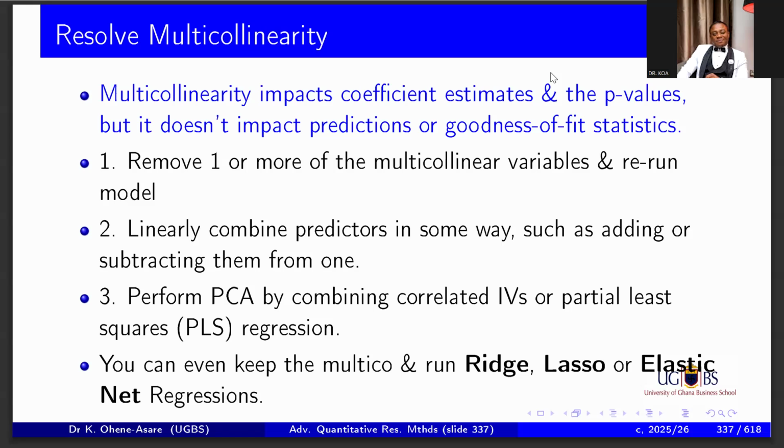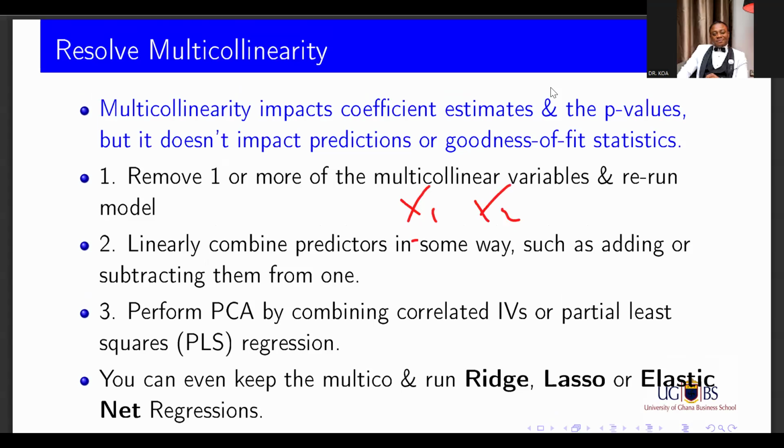So if the existing variables were x1 and x2, and the values were 2 and 10, 6 and 4, and all of that, now you get a new variable. Let's say we call it A. And this new variable will have some factors because the 2 here will be multiplying some weight, and the 10 will also be multiplying some weight.